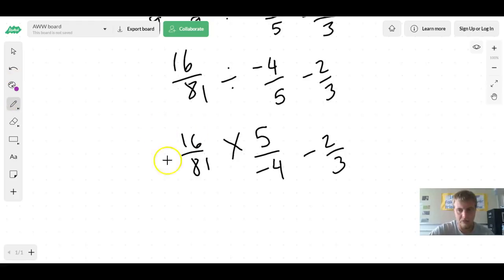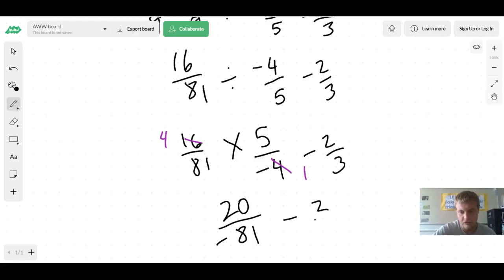There's also a really cool rule that you could use here with this 16 and this 4. Because you know that 16 and 4 are divisible by each other, you can actually cross-reduce. So this is going to become 4, and that's going to become 1. Now we'll multiply straight across, which would be 20 over 81, or whoops, negative 81, minus 2 over 3.